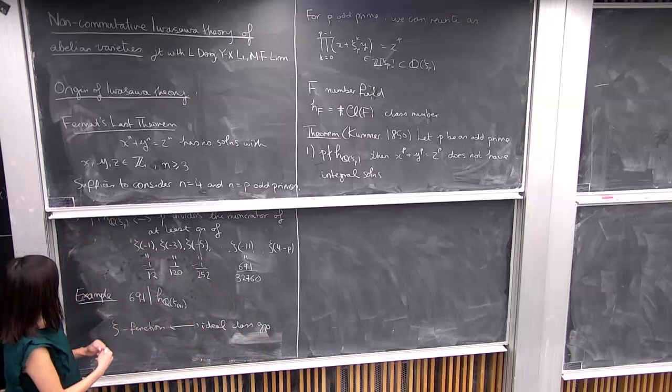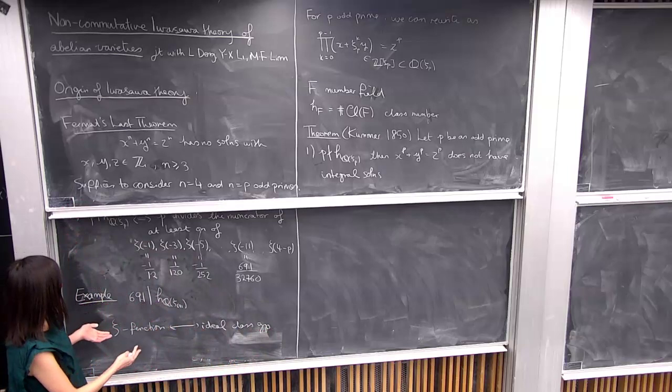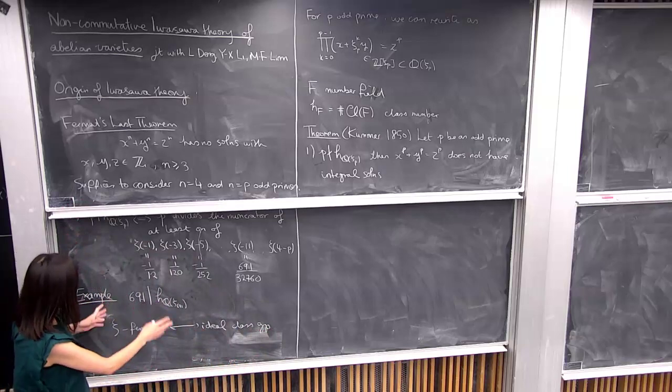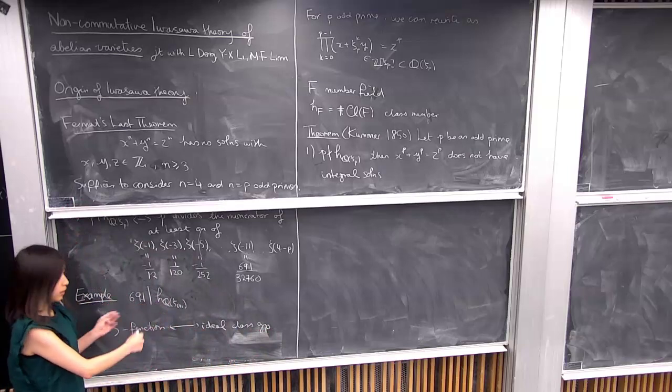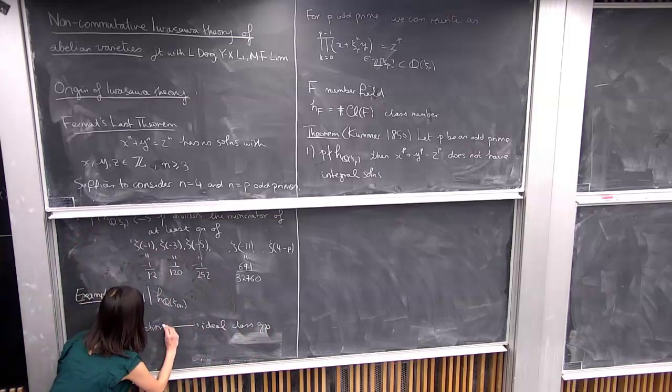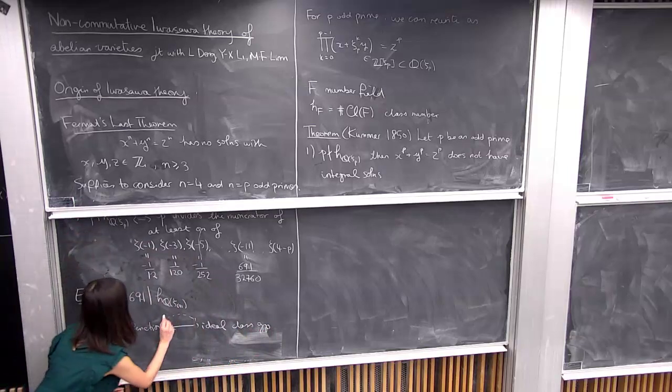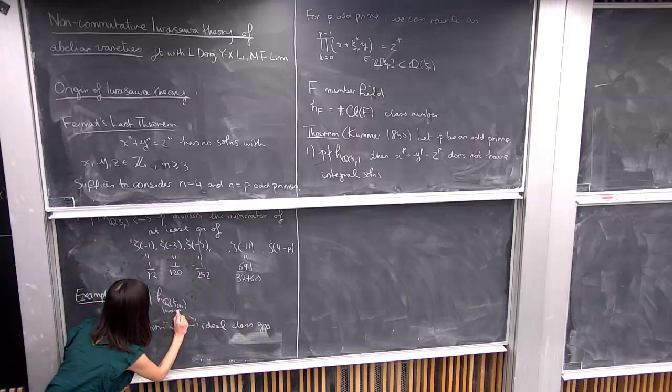And Iwasawa theory is also a method of understanding this relation. Given each prime number p, we have Iwasawa theory at p. And this also works as a bridge between these two sides.